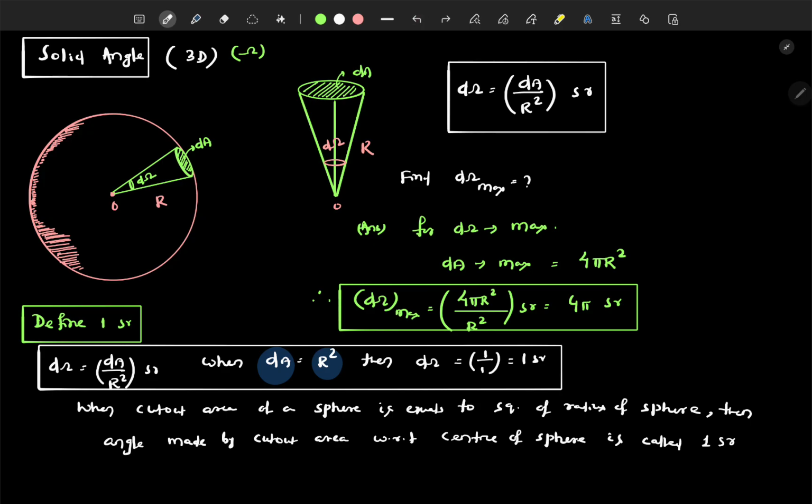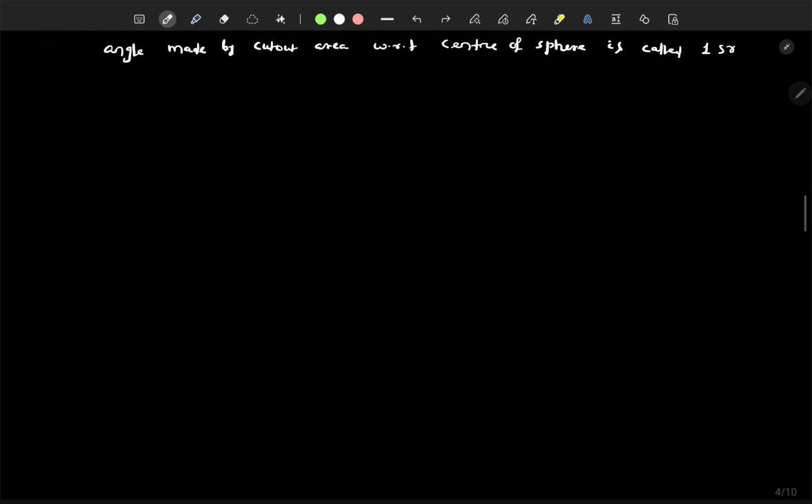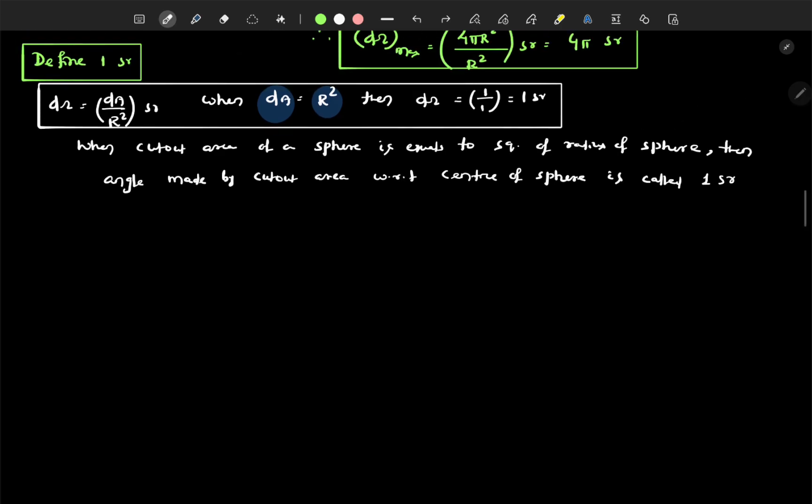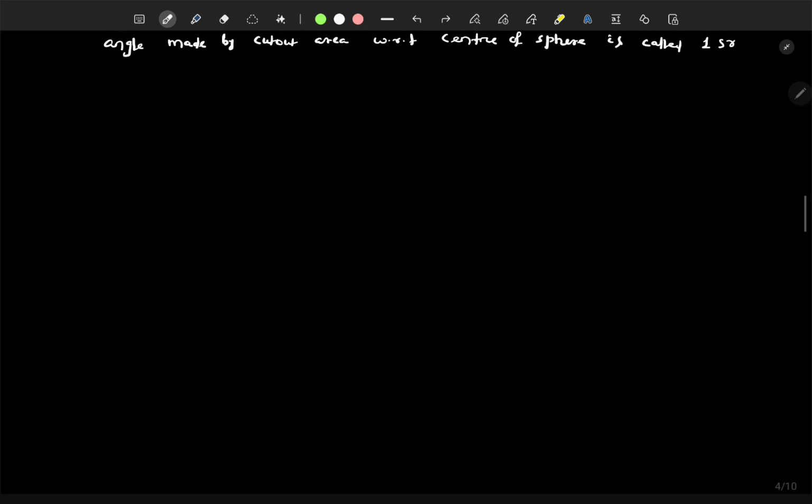I hope it is clear to all of you. So this is about your plane angle and solid angle. One more thing is there. From an entrance exam point of view, you remember one relation. No need to derive it. What is that? The relation between plane angle and solid angle. Now see this thing.